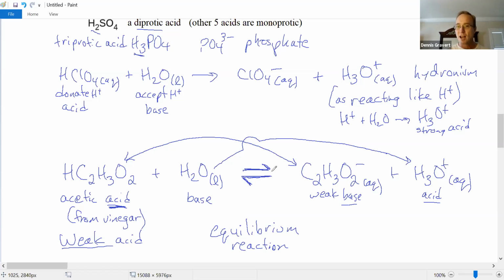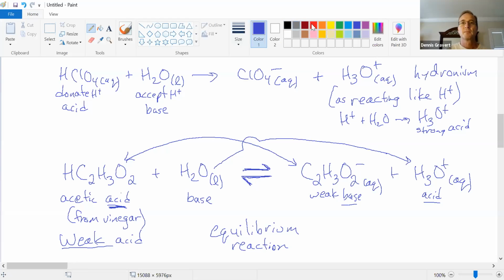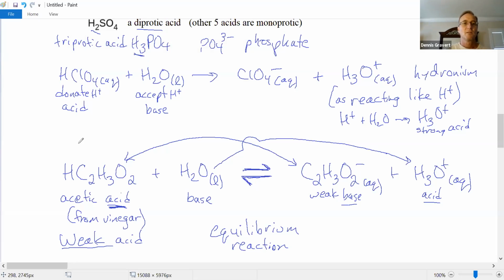We call that the conjugate. So we have, let's change the color. Can we do that? We have an acid here and its conjugate base. So acetate is the conjugate base of acetic acid.